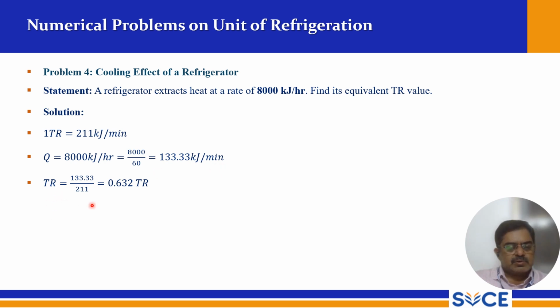So TR is equal to 133.33 divided by 211, equal to 0.632 TR, that is ton of refrigeration. The answer is 0.632 ton of refrigeration.